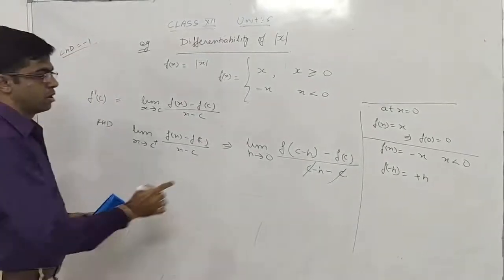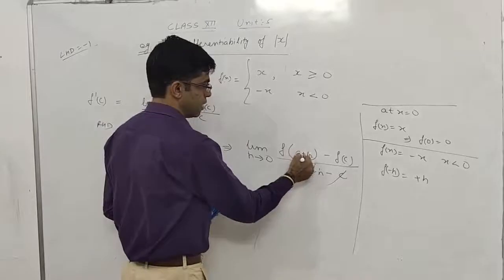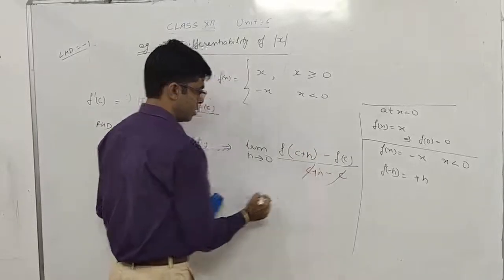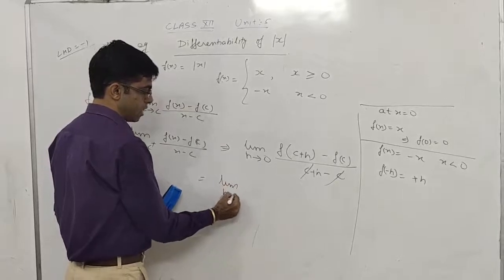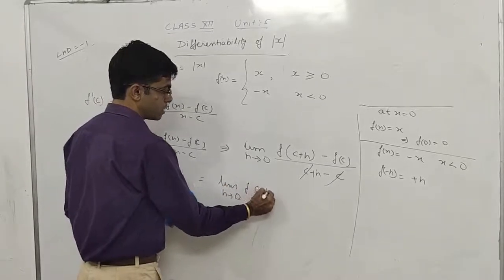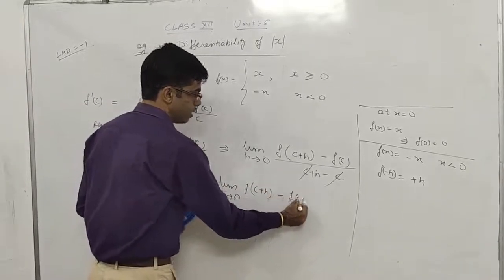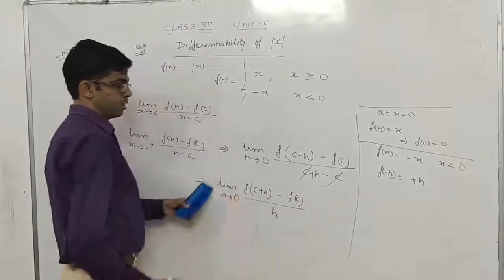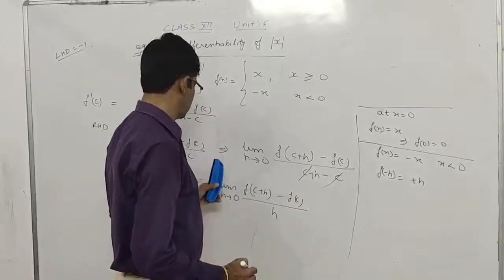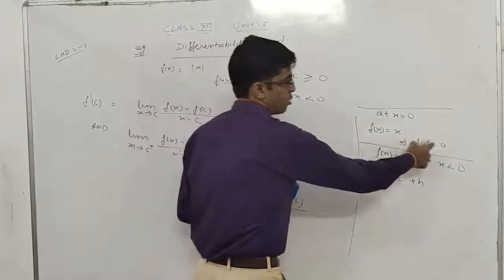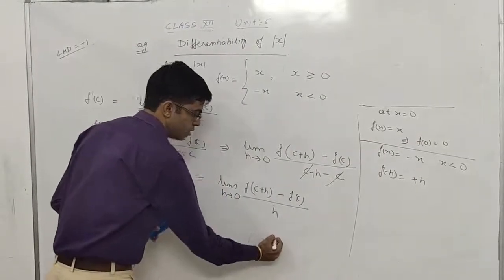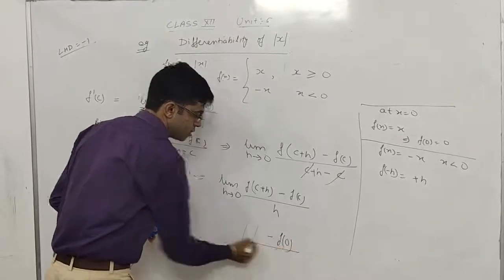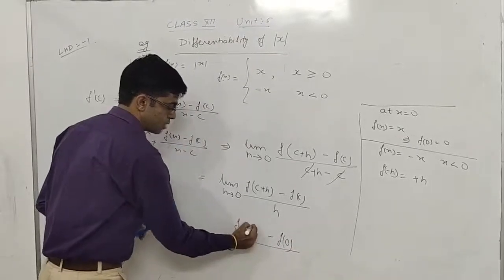Now find out limit h tends to 0, this is f of c plus h minus f(c) upon h. Now f of c means f of 0, which is 0.